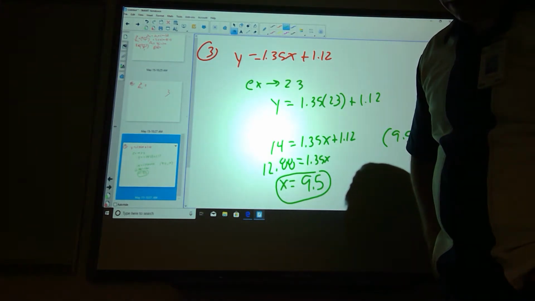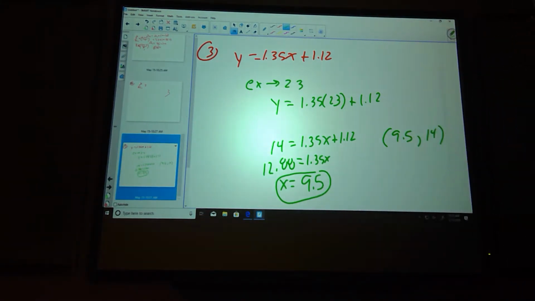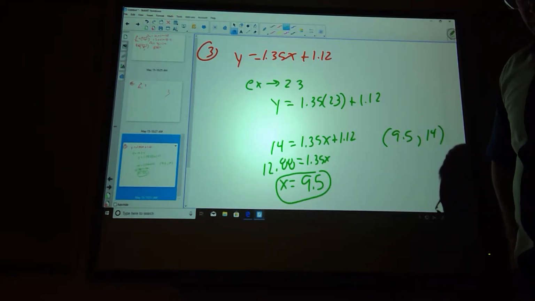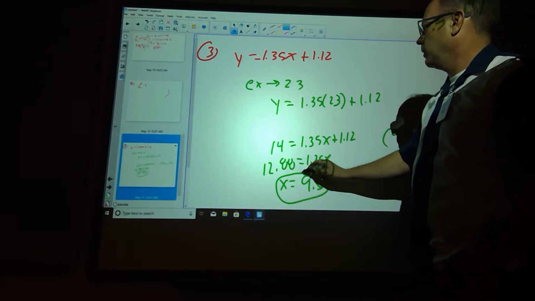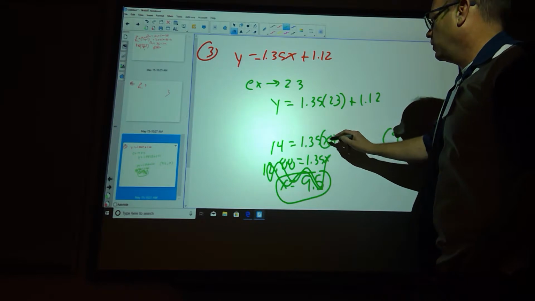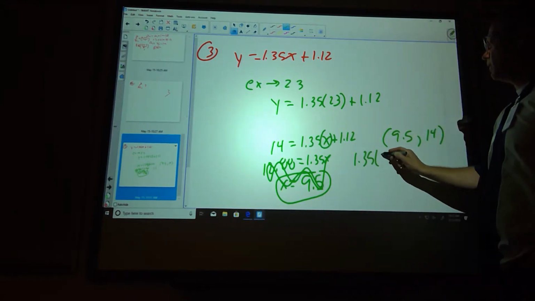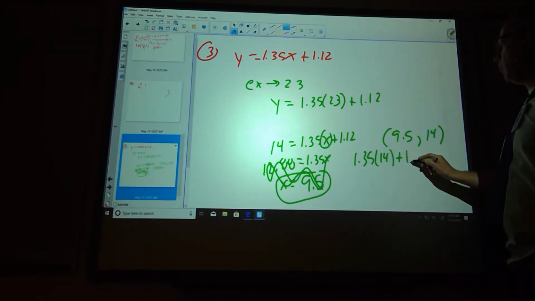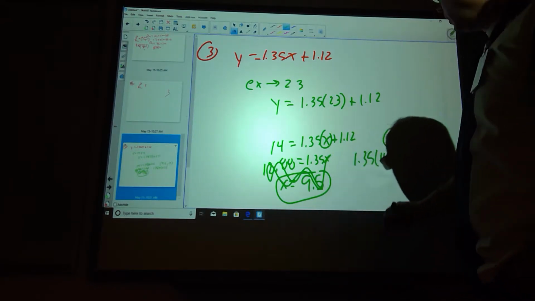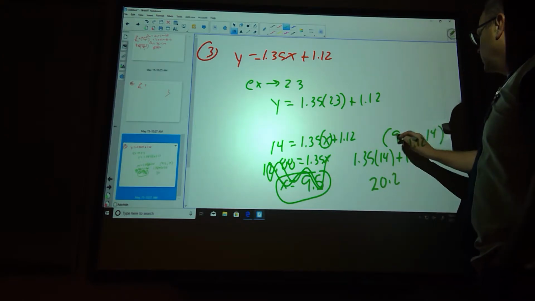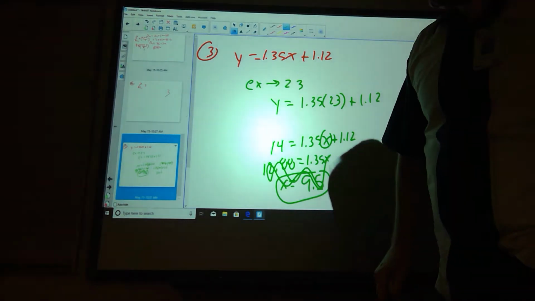Did I read it wrong? How far off was the estimate for a person who gets a 14 on the Explorer? If you get a 14 on the Explorer, you plug it in for x. I should have plugged a 14 in here. So what's 1.35 times 14 plus 1.12? 20.02 on the ACT.